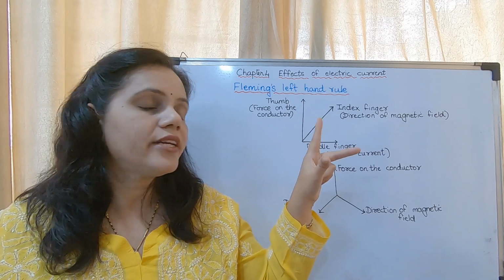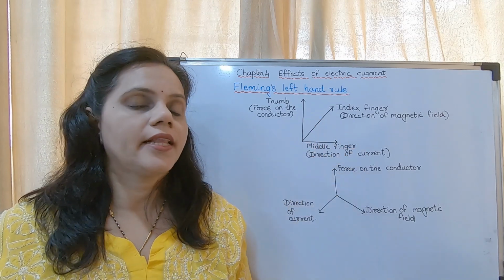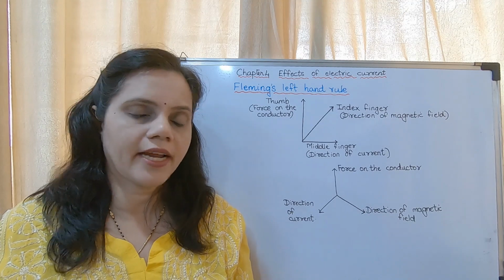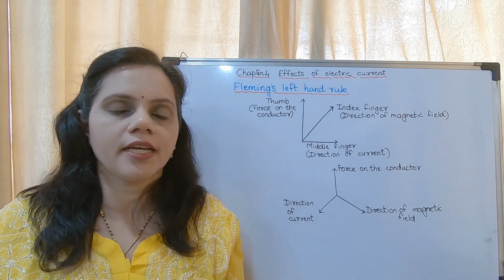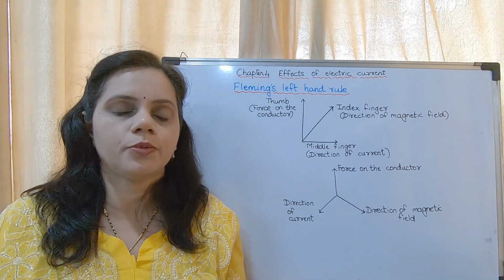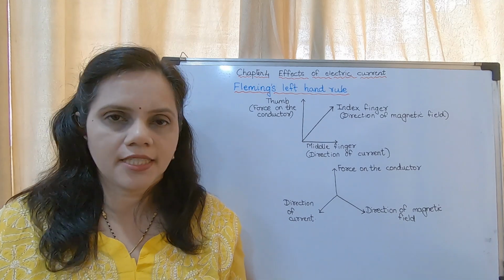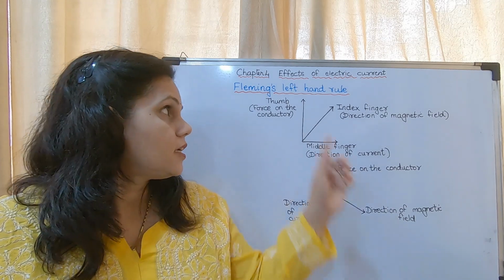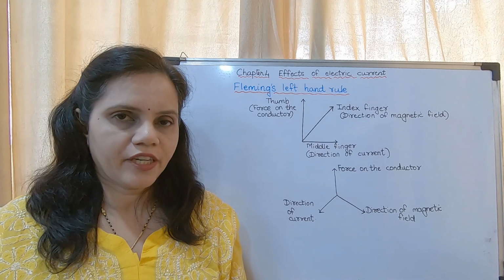Which finger shows what, that you cannot change. You have to write according to the textbook only, because that is a law which is put forward. You cannot change the law. So this is Fleming's left hand rule.